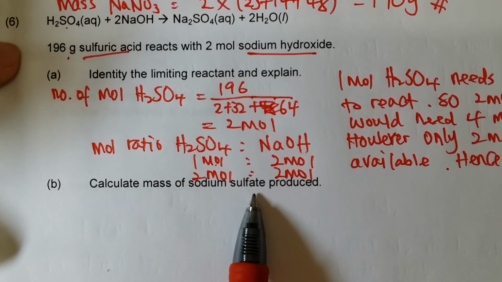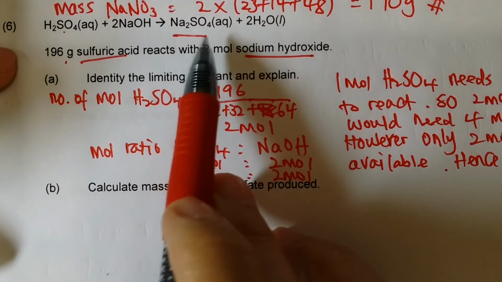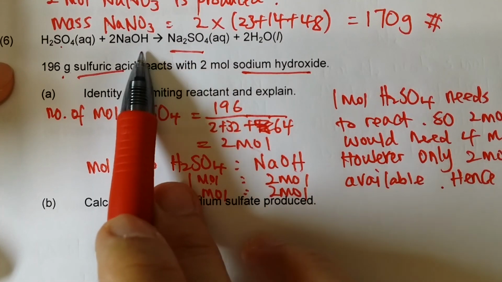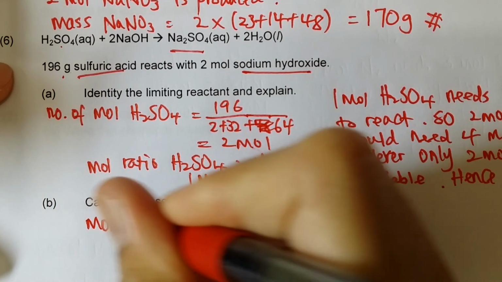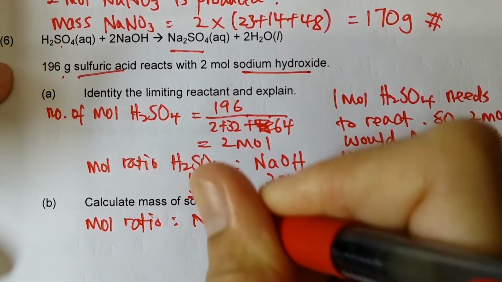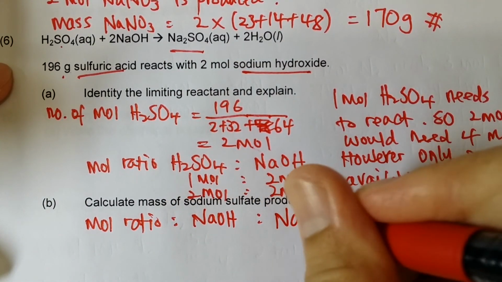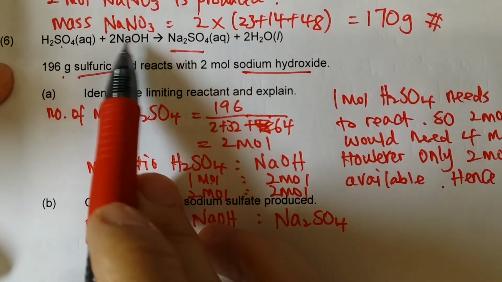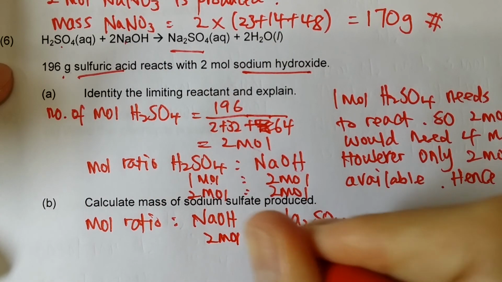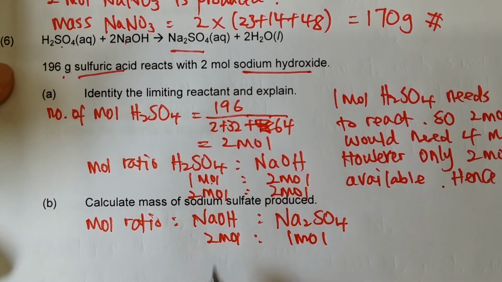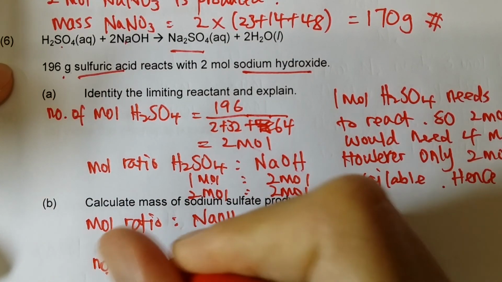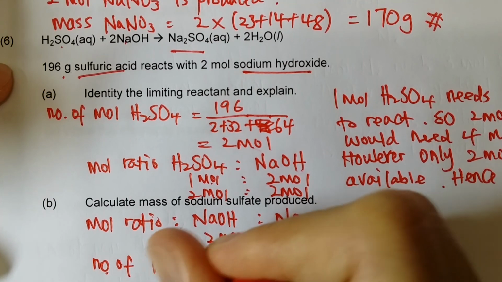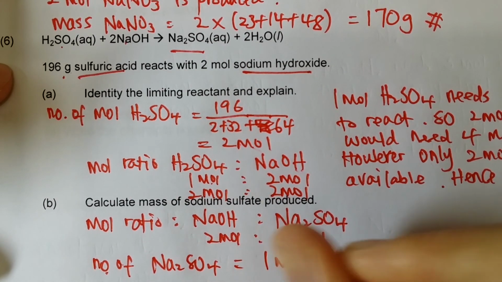Calculate the mass of sodium sulfate produced. Sodium sulfate is a product, so its amount depends on the amount of limiting reactant, which is NaOH. Same thing, look at the mole ratio between the limiting reactant, NaOH, and sodium sulfate. Mole ratio 2 mole is to 1 mole. Now you have 2 mole of sodium hydroxide. So the number of mole of Na2SO4 is 1 mole.